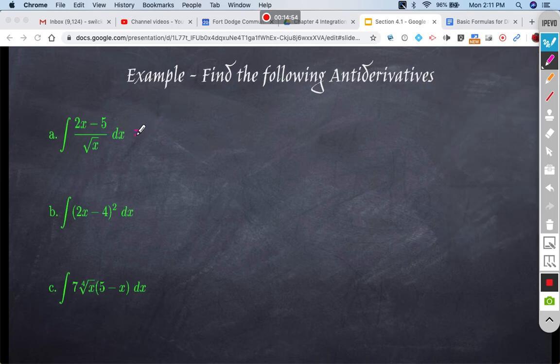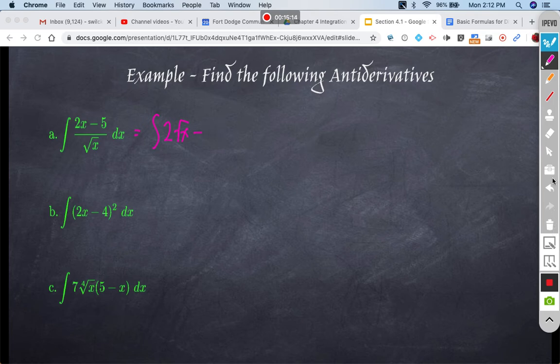So for this first one, I'm going to divide everything by the square root of x. So x divided by the square root of x is going to be 2 square roots of x. And this is going to be 5 divided by the square root of x.